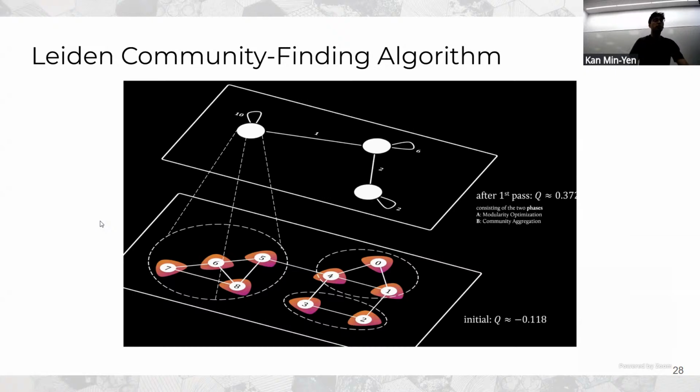If you've heard of Leiden, you might have heard of Leuven. Leuven was the first iteration of this. Leiden improved it with this hierarchical approach. You represent a community as a node again, then perform a similar task and find the higher level community.